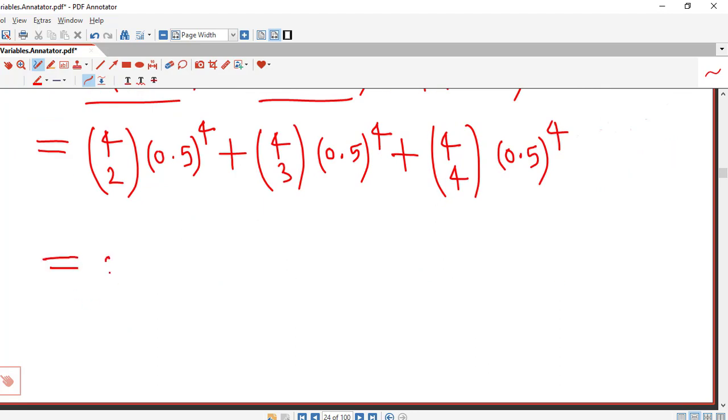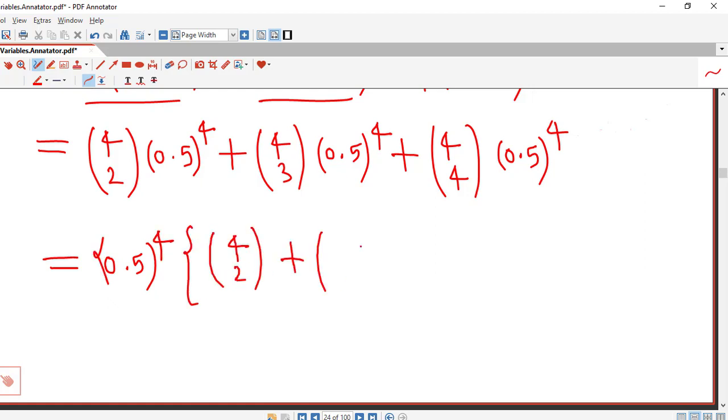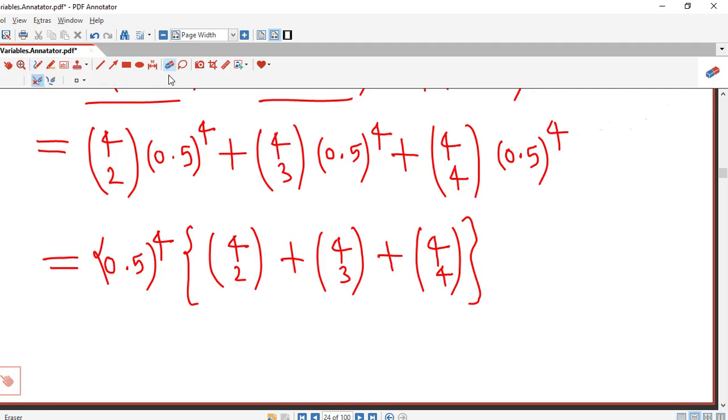We have 0.5 raised to 4 common in each term, so we can take it outside, and we write 4c2 plus 4c3 plus 4c4. Okay, let me correct this.